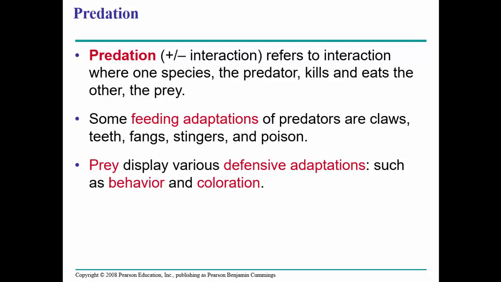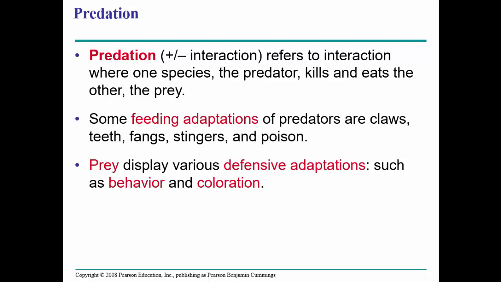If they are predators, I believe it's very easy to understand. They have certain body features that let them become predators. Mostly they have claws, teeth, fangs, stingers, and in many cases they have poison. For example, we can find it in a snake.